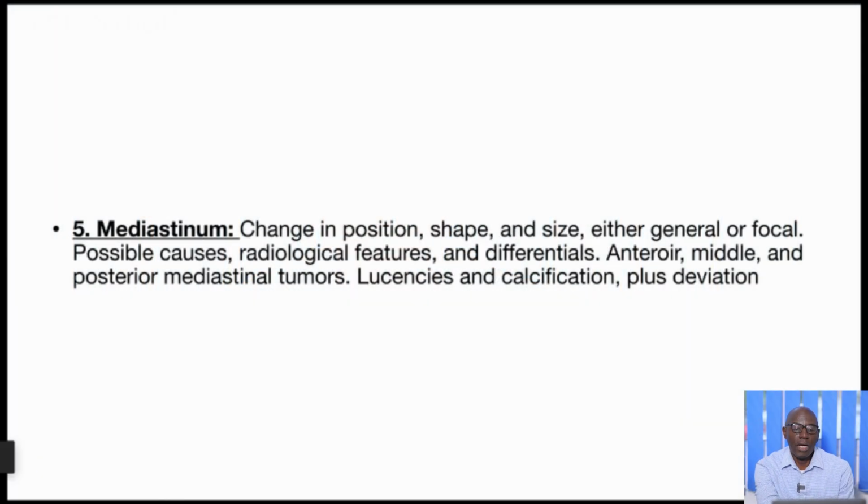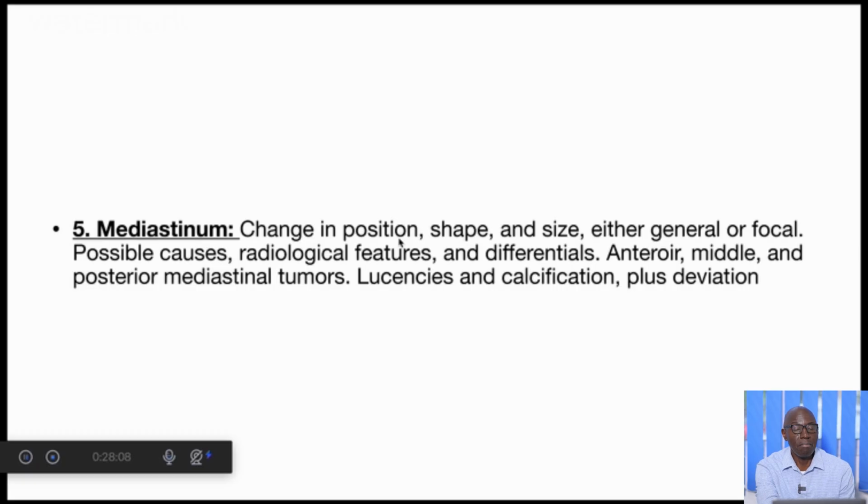Quality is paramount. In an expired view, it's going to distort the shape and the sizes. So it's important that it's in full inspiration, the patient is not rotated, and of course your KVs are very appropriate.